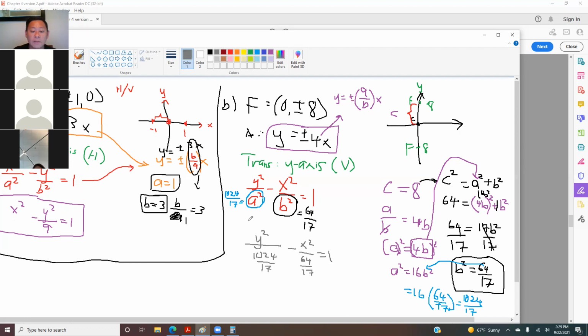So this is your answer for question B. Yeah, it's a little bit tough. If a question only provides you the foci but not the vertices, like what we did in 7a, it's a little bit more work.